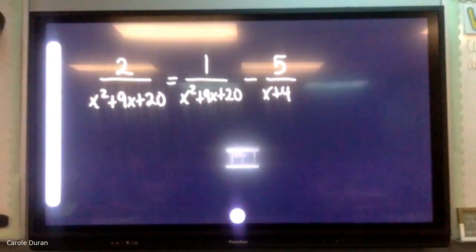So as I'm looking at this particular problem, what is the first thing that I'm going to have to do in order to solve it? Factor what out?